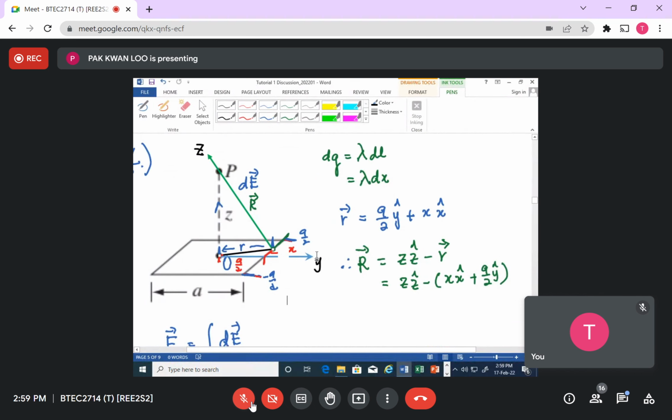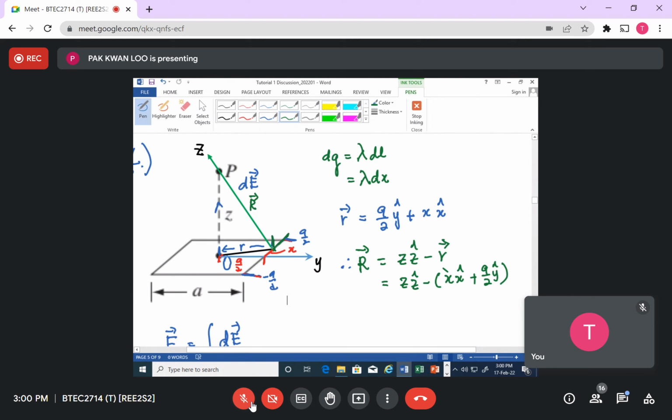this point here, which is arbitrary. And when I say arbitrary, that means that we have to include all the contribution of each point along the line charge, right?